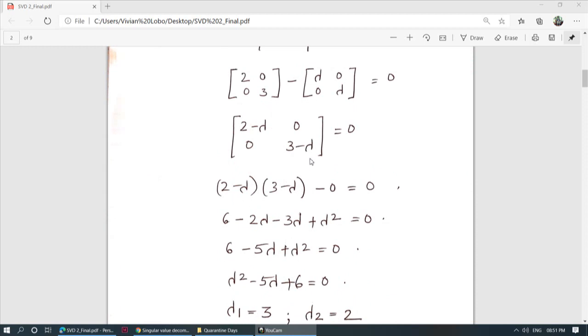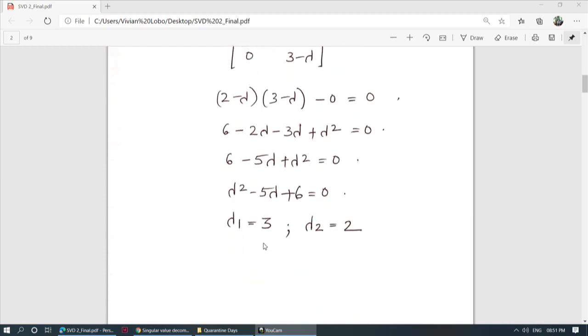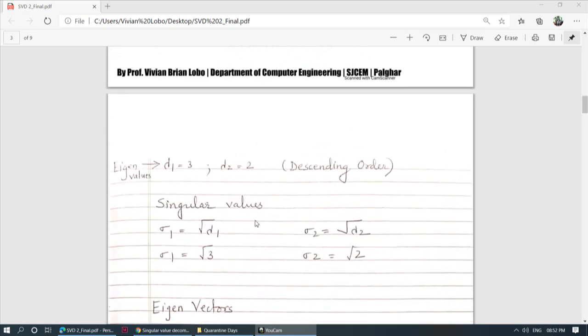On taking the determinant of this matrix, we get two values of lambda, where lambda 1 is 3 and lambda 2 is 2. The higher value is kept as lambda 1 and the second highest value is taken as lambda 2. In descending order, we place the eigenvalues.